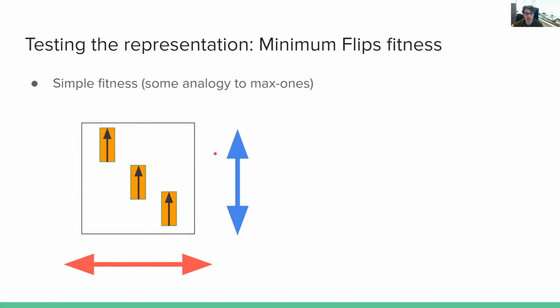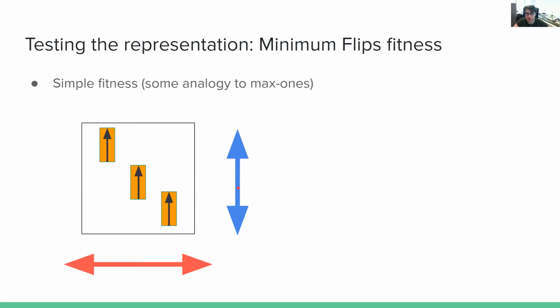And the only other thing to say about this task is it's important to notice that how difficult this task is depends on the strength of these fields. So if this field is very weak, then the task becomes very easy because the magnets will just never flip, regardless of how they're oriented. Whereas conversely, if this field is very strong, then the task becomes very hard because the magnets will always flip, regardless of how they're oriented.